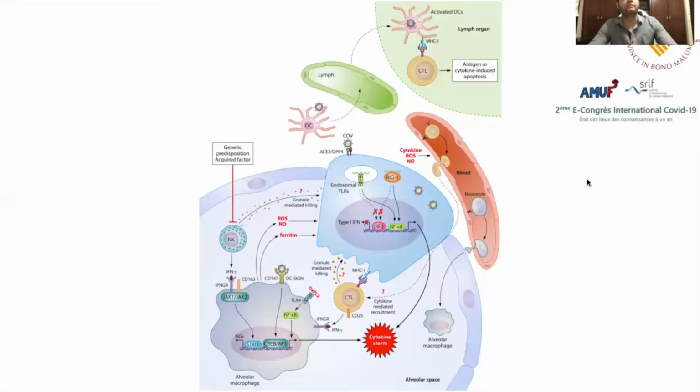These coronaviruses repress the induction of type 1 interferon by inhibiting the activation of IRF3. This allows a coronavirus to replicate unrestrainedly, while these type 2 pneumocytes produce pro-inflammatory cytokines and chemokines to mediate the recruitment of immune cells.